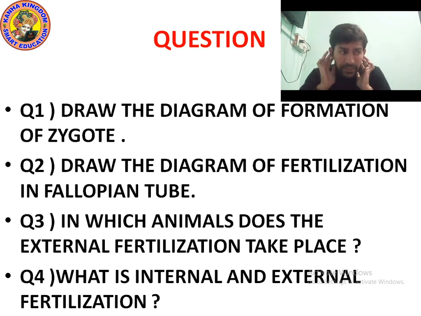It means the male gamete, the sperm, and the female gamete, the egg or ovum, fuse outside in the environment. It happens with the eggs of frog, fish, starfish. I hope you understood.